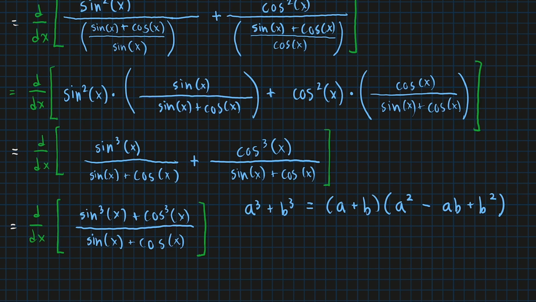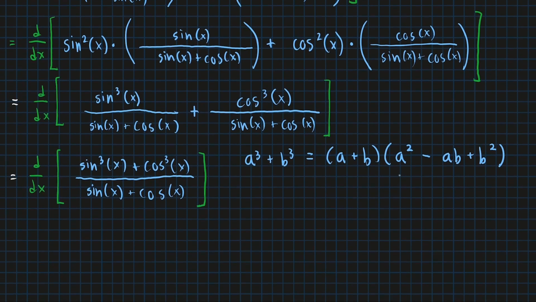Because you have this a times the a squared that's here. This b will multiply with this b squared to make b cubed. And if you do all the expansions, any ab terms that you get, or a squared b and ab squared, those terms, they will cancel out.